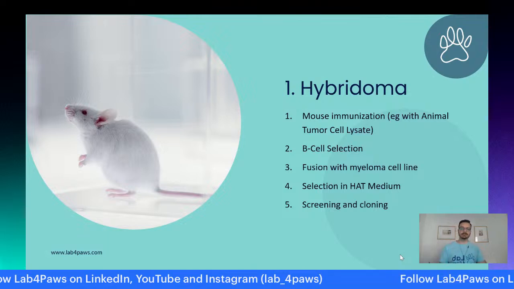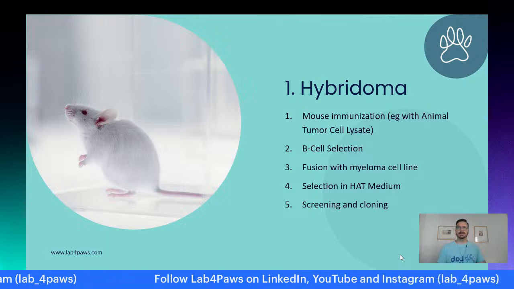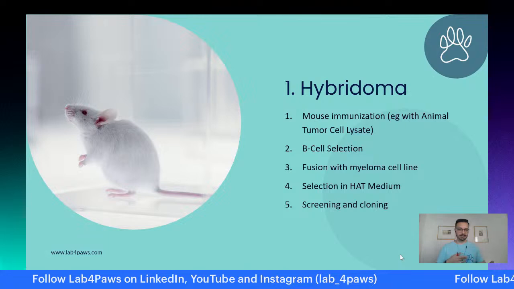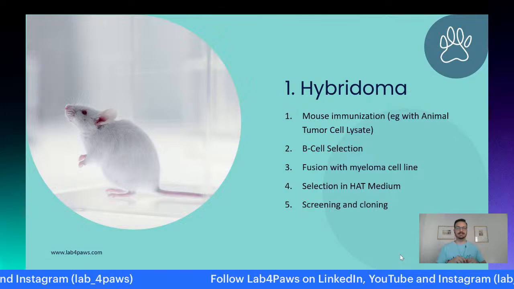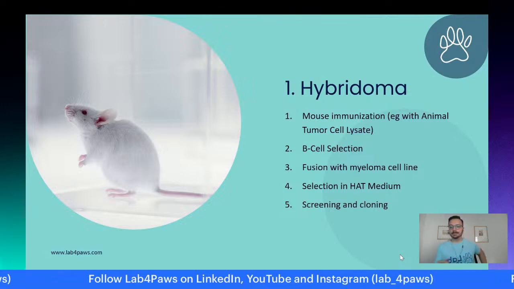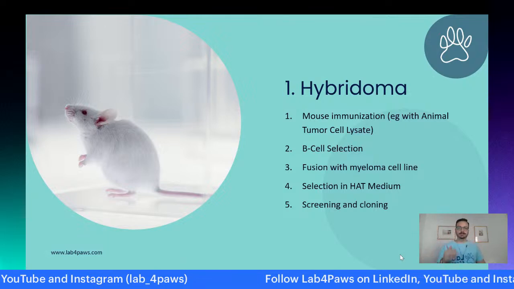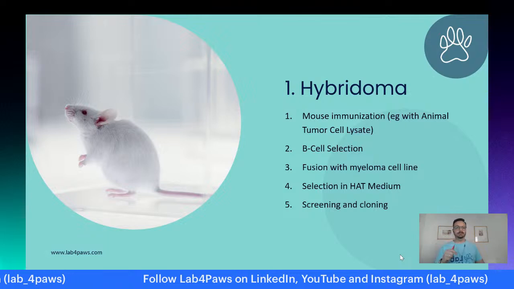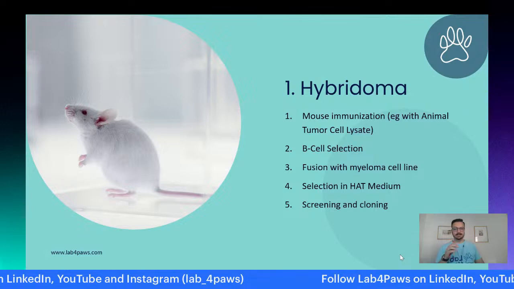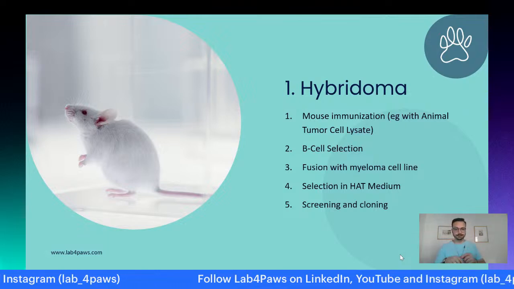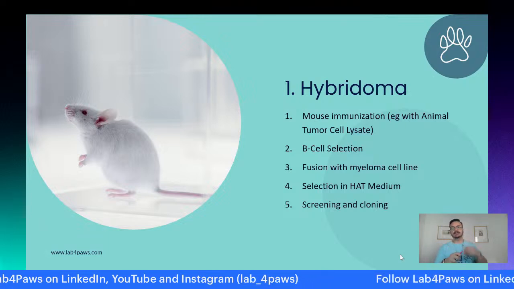So on the one side, the first technique is hybridoma. In a hybridoma, I would basically immunize a mouse by injecting a particular target, or, for example, a cell lysate. If I want, for example, to develop a library for a particular tumor type in dog, then I would take the tumor, lyse it, and I know that in there I would also have my target, and this is what I inject.